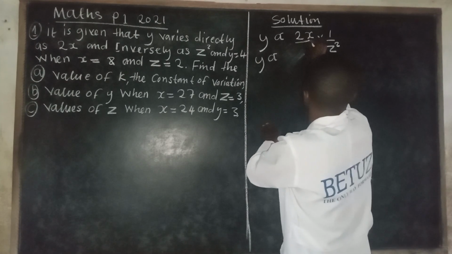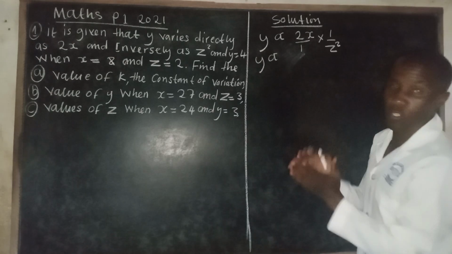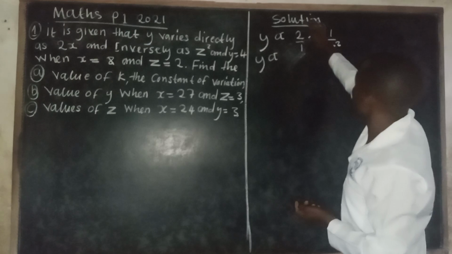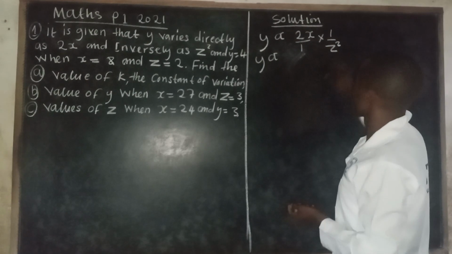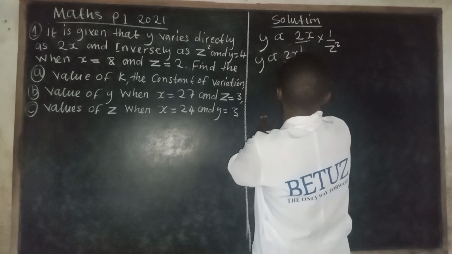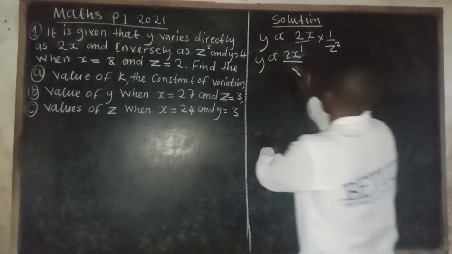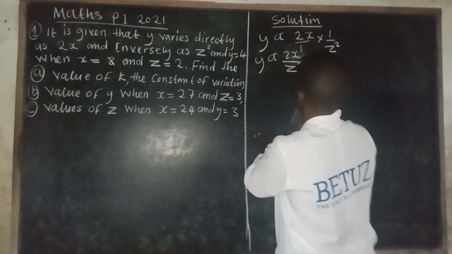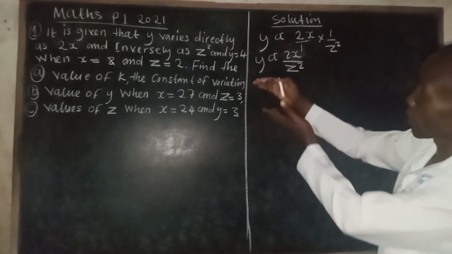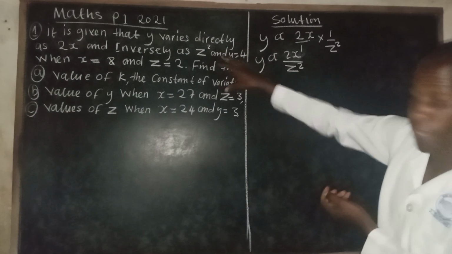Let me first start. When multiplying two fractions, we usually multiply the numerators separately and also the denominators. So 2x times 1, the answer is 2x. Then over 1 times z squared, the answer is z squared. There we go, that is the interpretation of the information we are given.